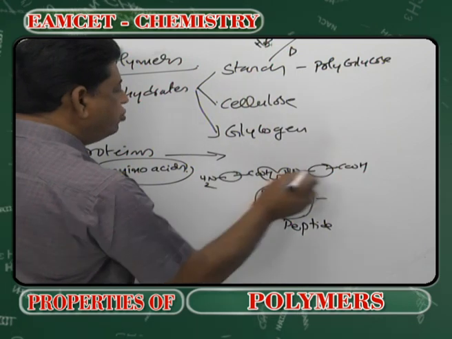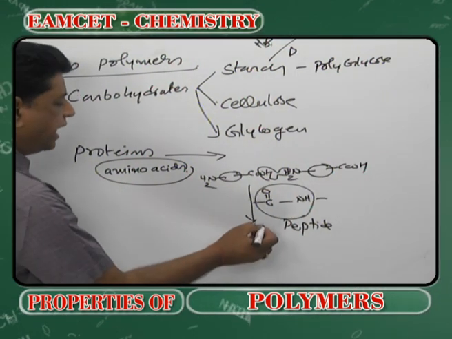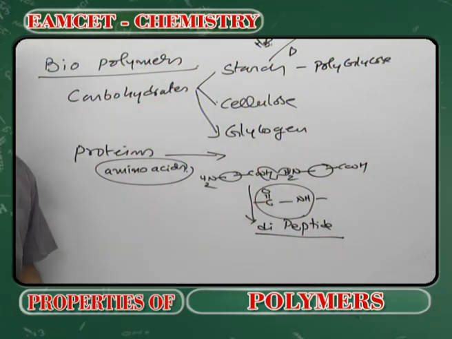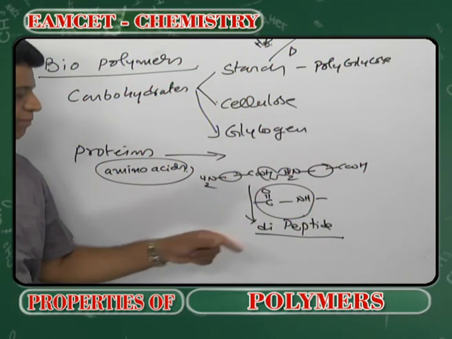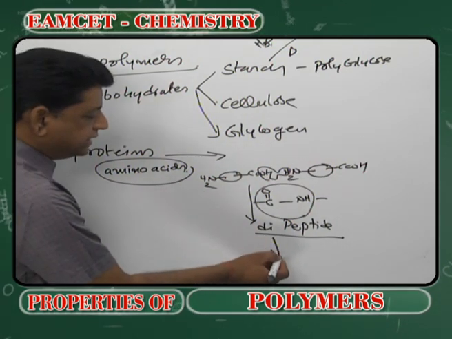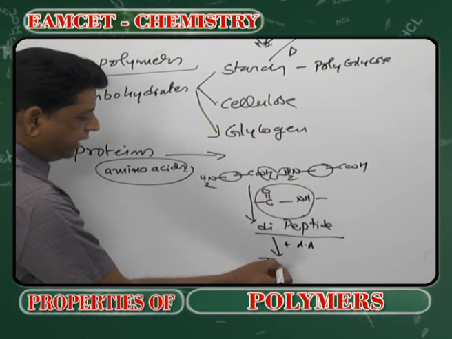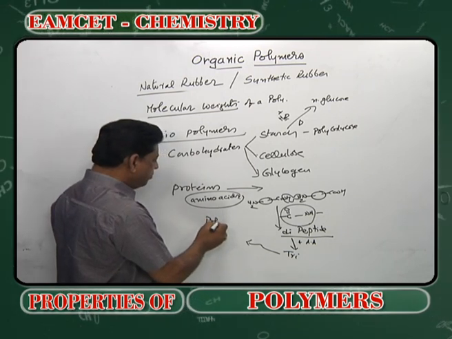If two amino acids are joined, you get a dipeptide. A dipeptide will contain one peptide bond. If one more amino acid is joined, you get a tripeptide, and so on, until you get a polypeptide.